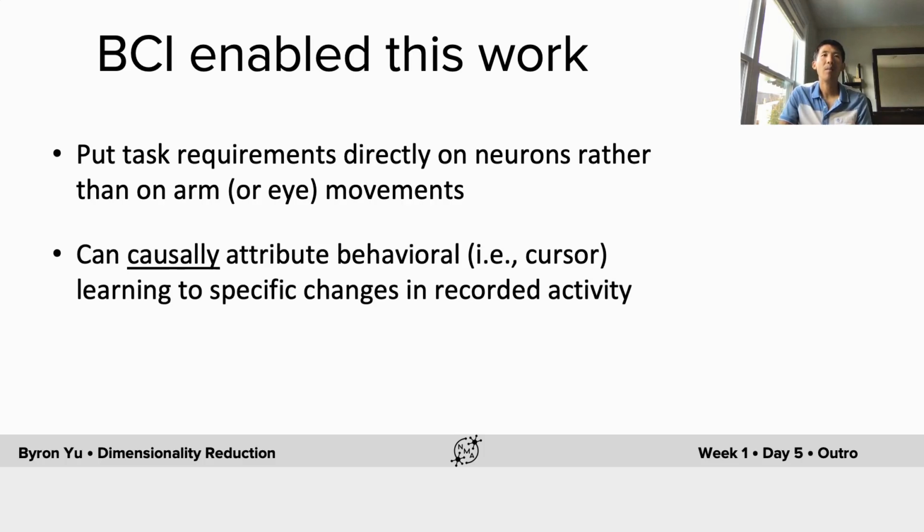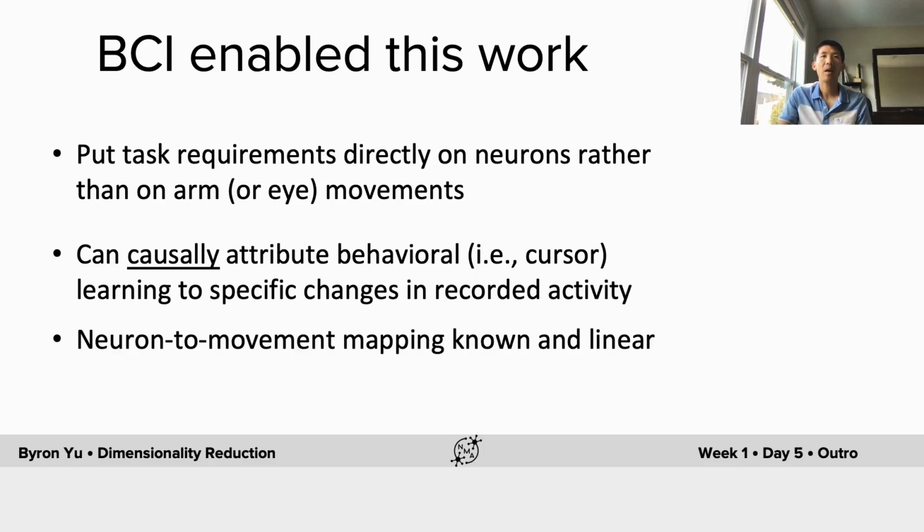And one of the strengths of using a BCI to study these questions is that we can causally attribute behavioral changes, i.e. movements of the cursor, to specific changes in the recorded activity. Because we've recorded the entire set of output neurons, any changes that we see in the movements of the cursor, we can trace back to the activity of one or more of the neurons that we recorded.